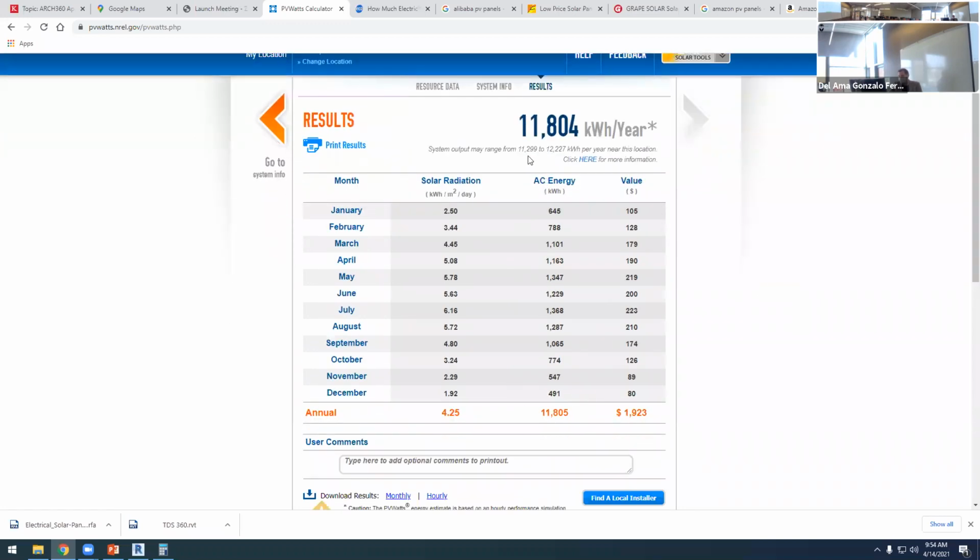And here you have the annual 11,805 or 11,804, well, rounds up or down. So this is the annual AC energy. The AC is the alternating current. Okay, so it takes into account the conversion between the DC and AC energy or electricity.